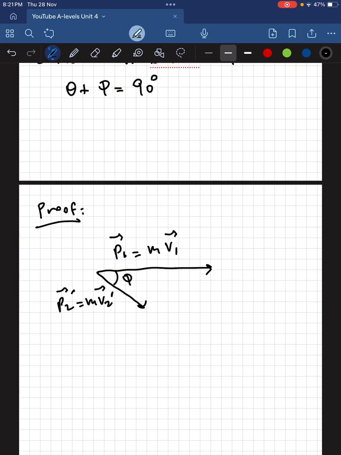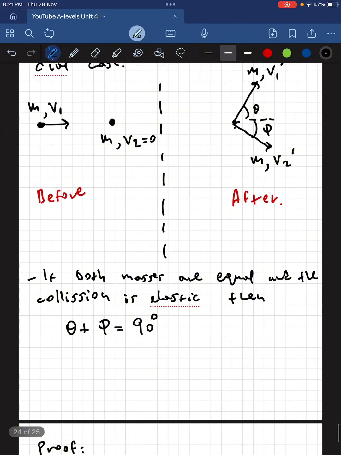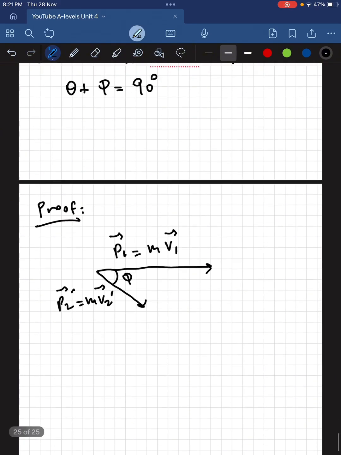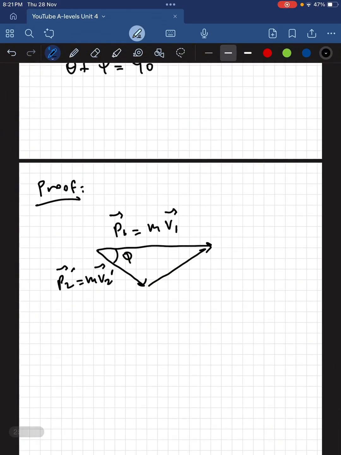This makes an angle phi with the horizontal. And then we parallel transport the first vector, P1 prime, to close this triangle. So P1 prime is mv1 prime. Okay, and this is our angle theta. And we claim that theta plus phi is 90 degrees, which means that this is also 90 degrees.